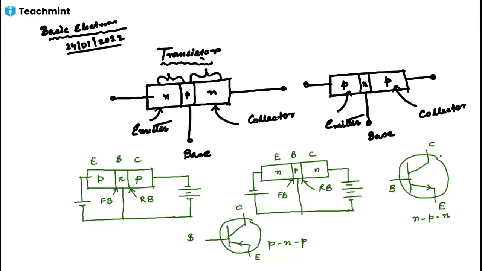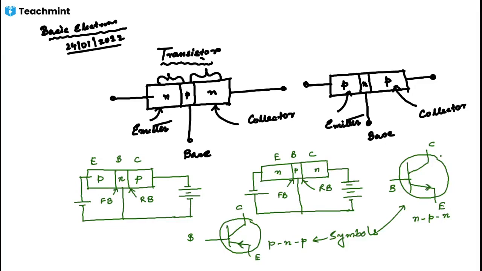So the difference between the two transistor symbols, these are the symbols, okay? This one and this one are the symbols. So what is the difference? It is the difference of current direction. This is the only difference between the two symbols.